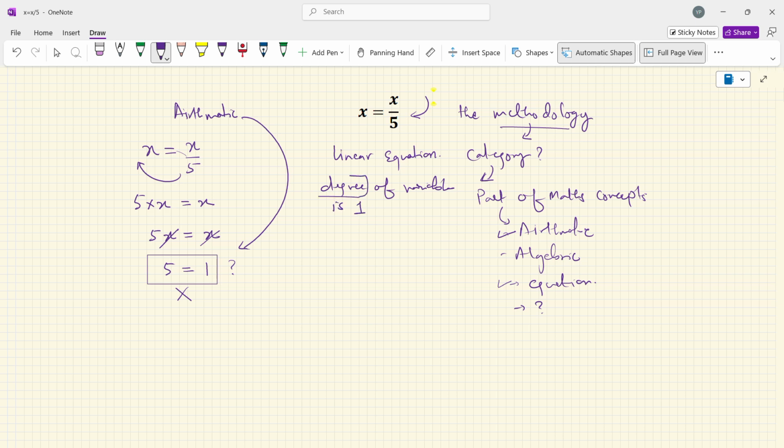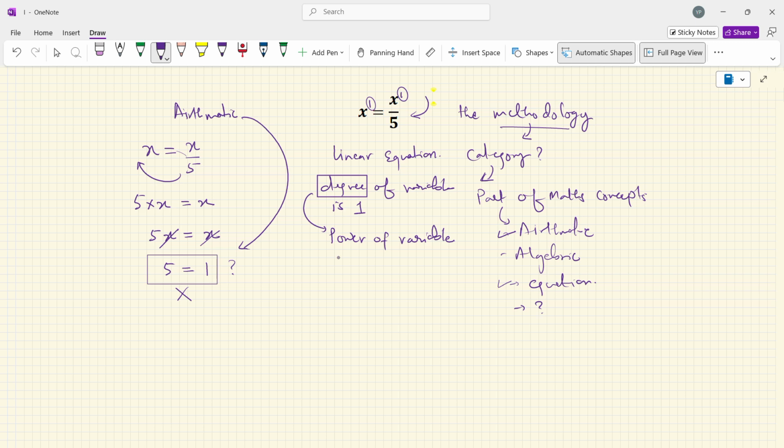What do I mean by degree? It is the power of our variable. Here x power is 1. Here also it's 1. This is why it's linear. Linear means 1.